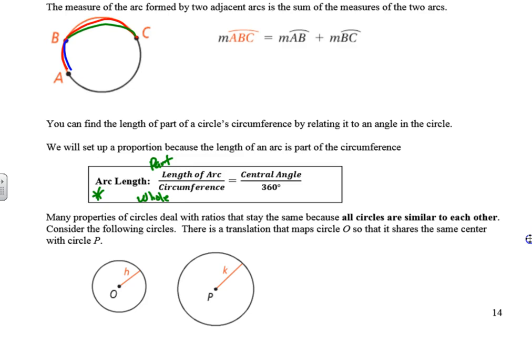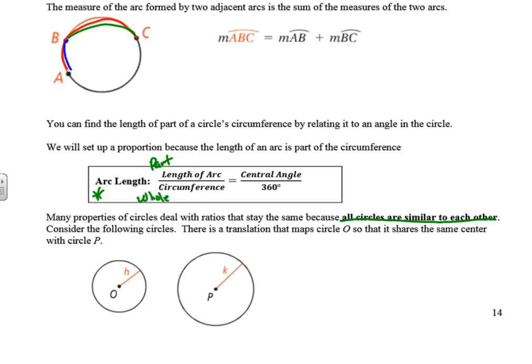When we're looking at circles, many properties of circles deal with ratios that stay the same because all circles are similar to each other. So all circles are similar to each other. Why? Because there's a translation that maps circle O so that it shares the same center.